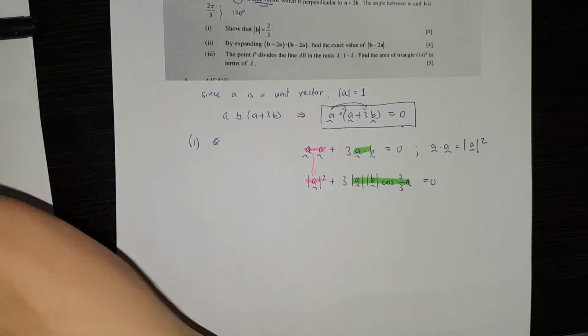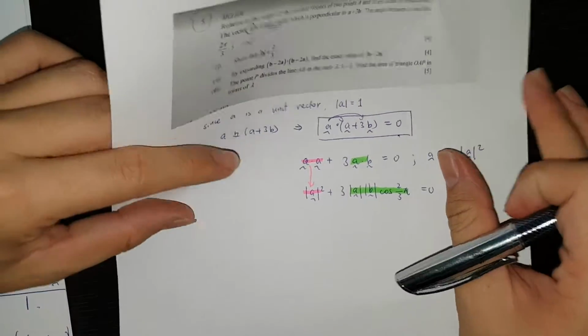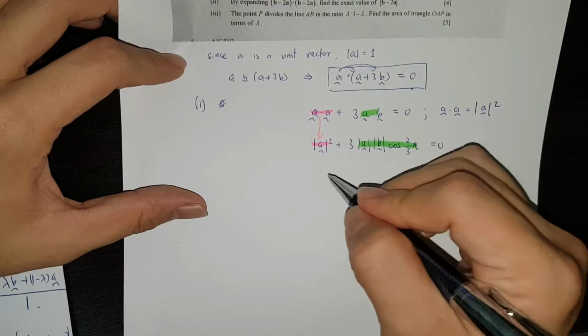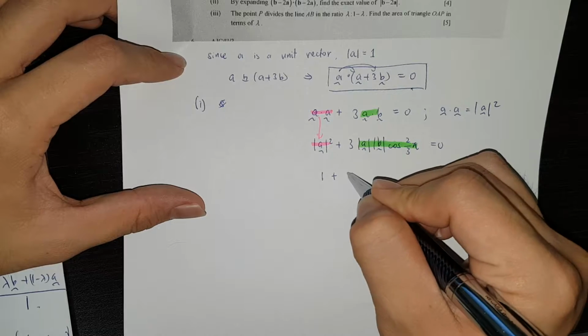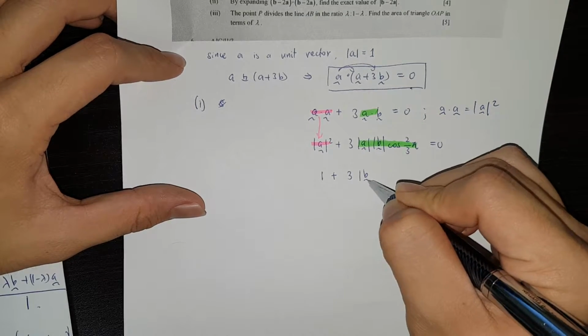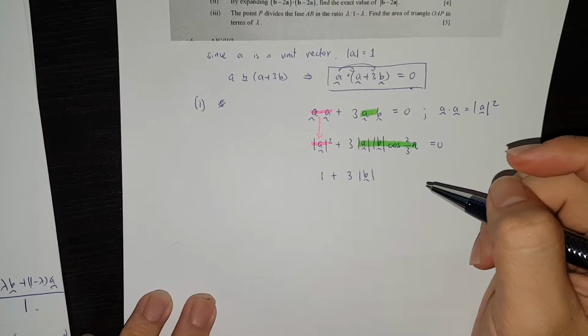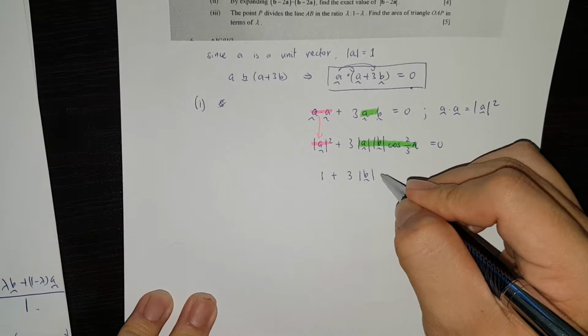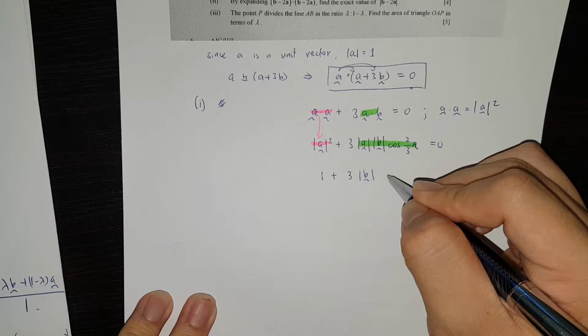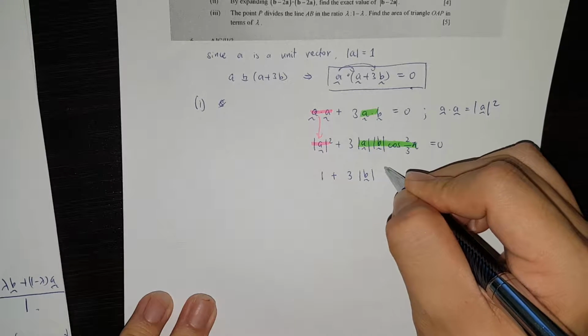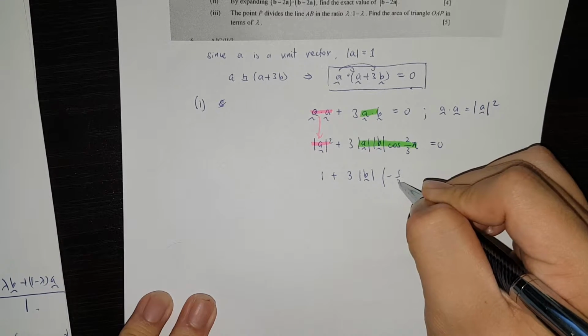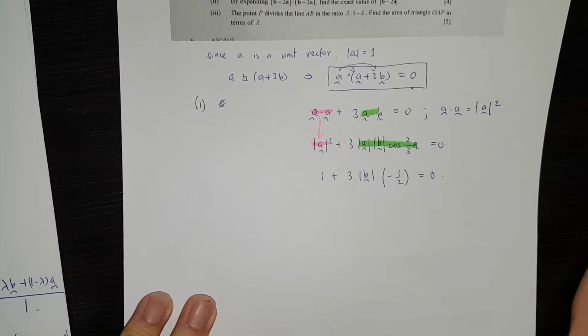Alright, so from here you know that mod a equals 1, so you substitute it in and get 1 plus 3 mod b cos(2π/3). If you use the calculator, cos(2π/3) is negative half, so it's negative half over here, equals 0.